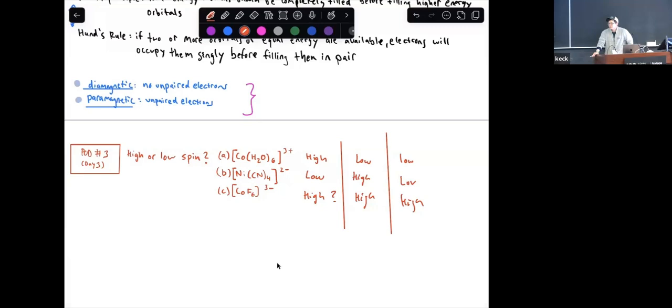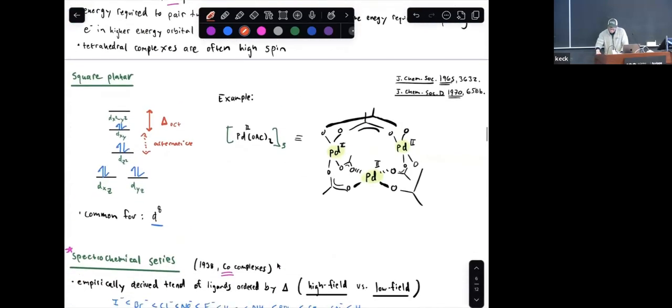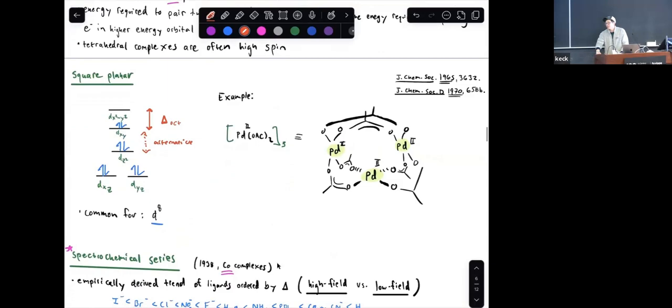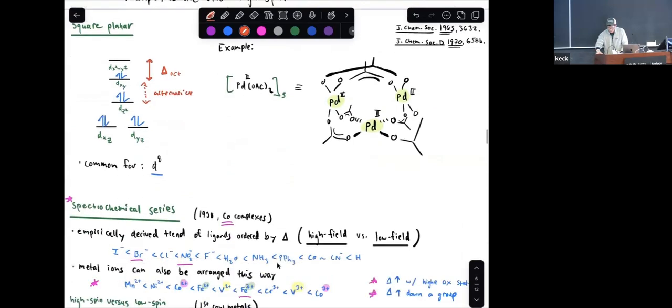When I say high, it just means unpaired electrons, but regardless, there's not another way to populate the orbitals with the d8 in octahedral. You're always going to have two unpaired. Well, if it's d8, you can draw it like we did for palladium. Oh, it's square planar. I thought it was octahedral.